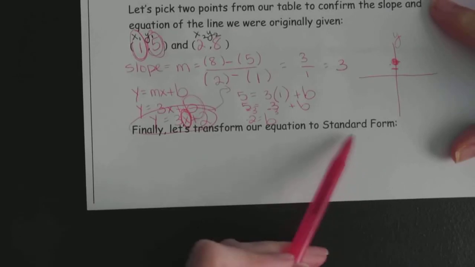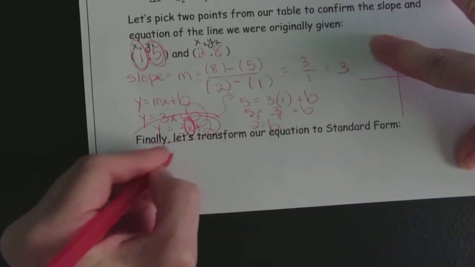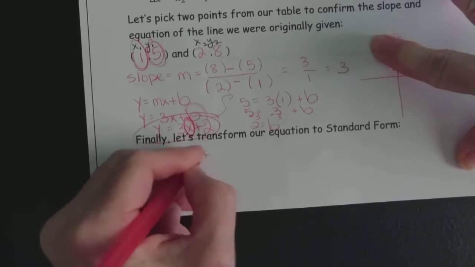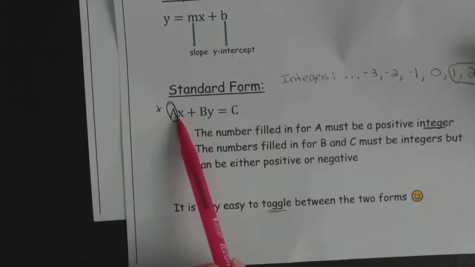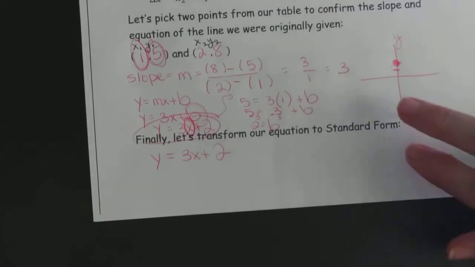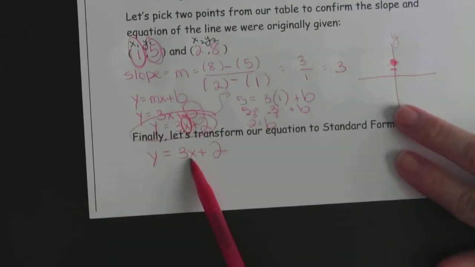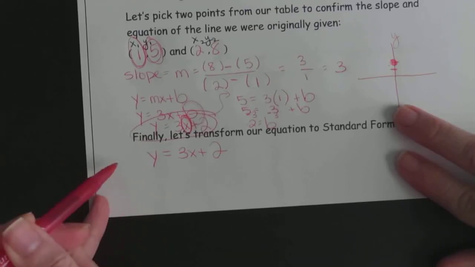Now here's the next part. It says, finally, let's transform our equation to standard form. This is the new thing, so check it out. Let me bring this down. y equals 3x plus 2. So here's the thing about standard form. Let's remind ourselves. Standard form has the x clear out in the front. So we've got to move some furniture around.